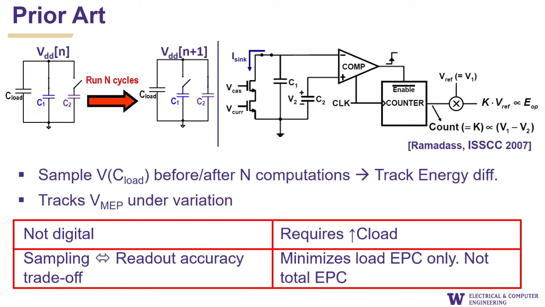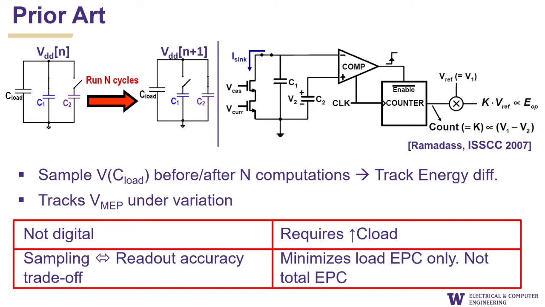With the benefit of hindsight and a different set of problems that we're looking at, this work was great, but it doesn't happen to address a number of considerations. For example, it relies on significant analog design to get things right. It requires a significant capacitor to be put there so you can actually run a processor for many cycles. So that's a big capacitor. It has essentially got a sampling and readout accuracy problem.